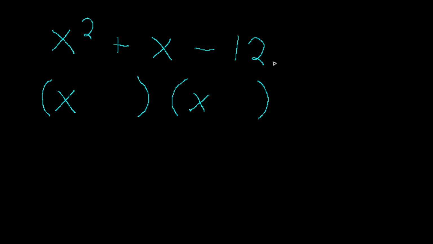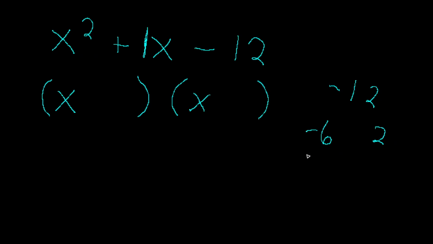Now I need two numbers that multiply to negative 12. But they have to add up to 1 because there's a 1 in front of this x here. So, what about negative 6 and 2?